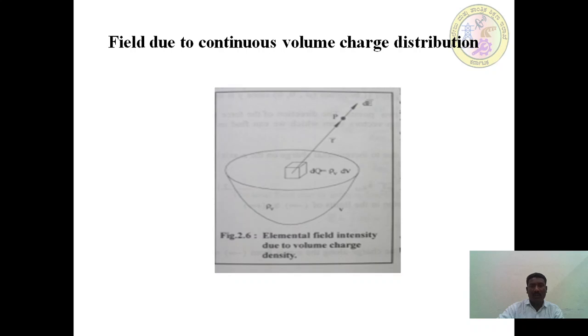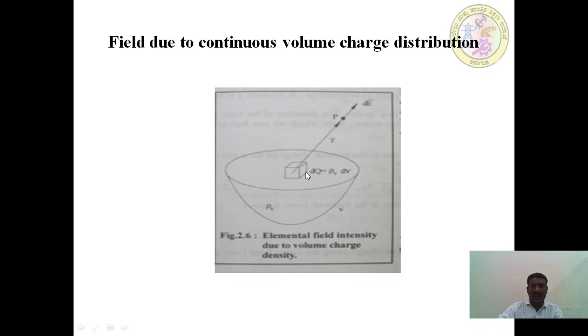In this volume V, let us take a small charge dq. This is dq, and its shape looks like a volume.